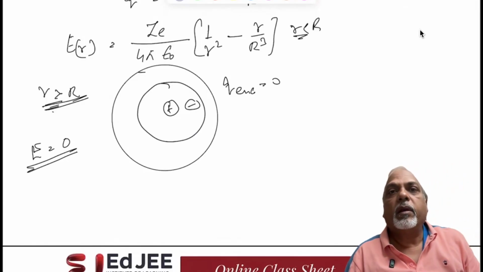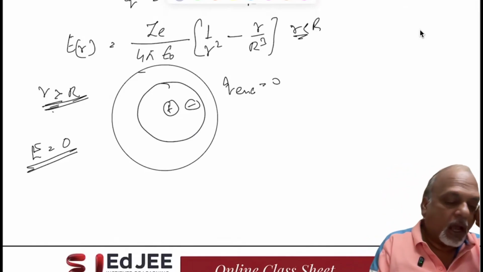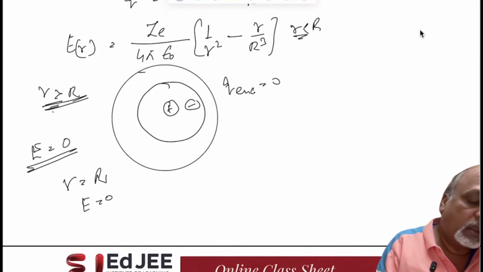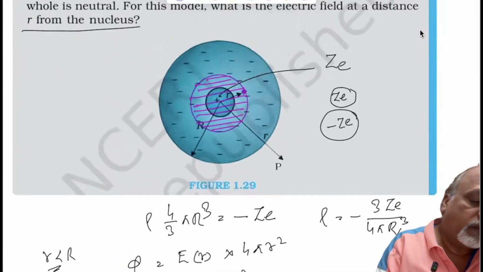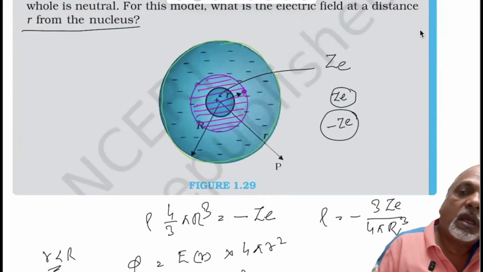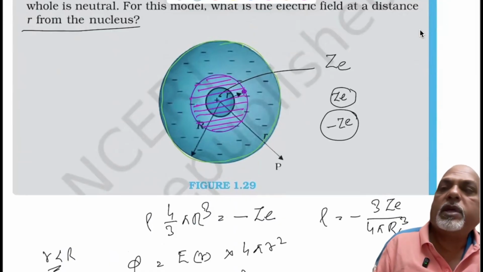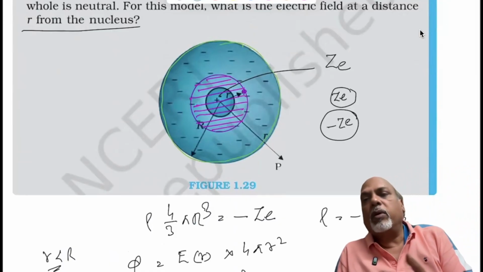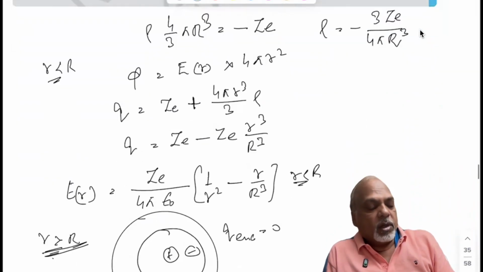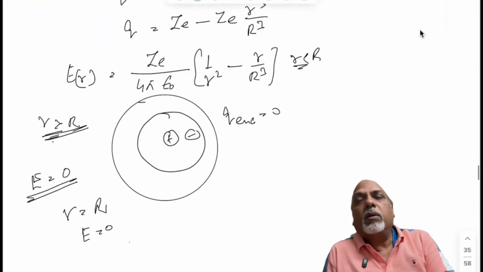Even when r is equal to R, E will be 0, because if we make the Gaussian surface just enclosing this atom, then positive charge and negative charge are both the same. So the net charge will be 0, and at this point also the field will be 0. So this is how you can solve this question.